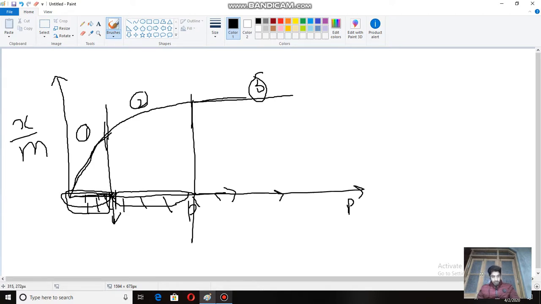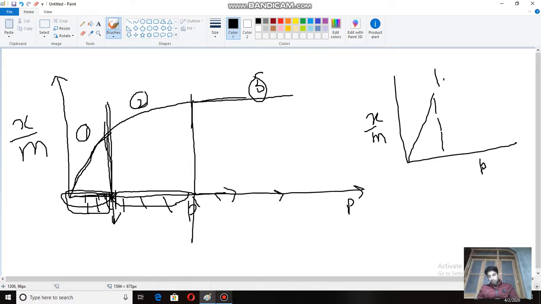Now look at the graph only for this region 1. I am trying to make it over here. This is x by m and P for this region, for low pressure. See, isn't this a straight line? That means the pressure is directly proportional to x by m.